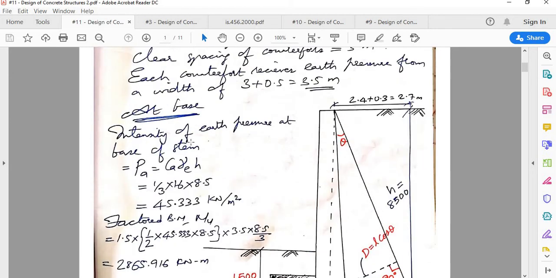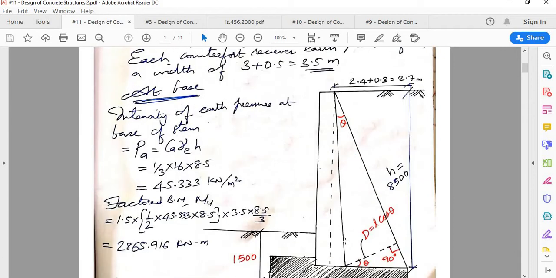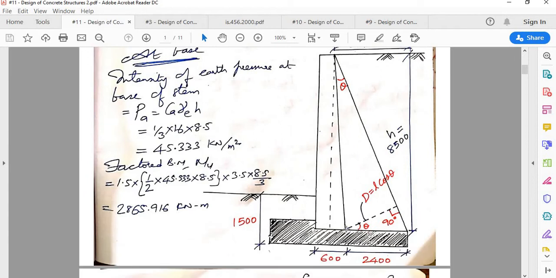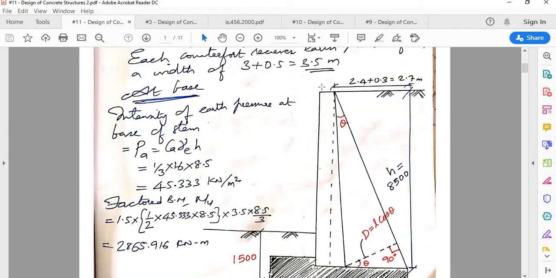Before that, let us calculate the forces required for the design of the T-beam. The soil pressure is varying with depth, right? It is 0 at the top and maximum at the bottom. Similarly, the counterfort, which is to be designed as a T-beam, is also varying in depth as it goes towards height.